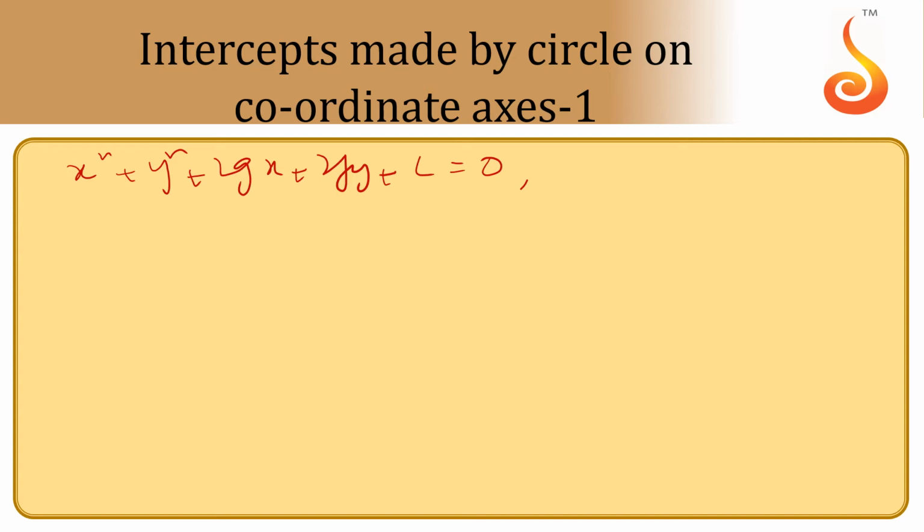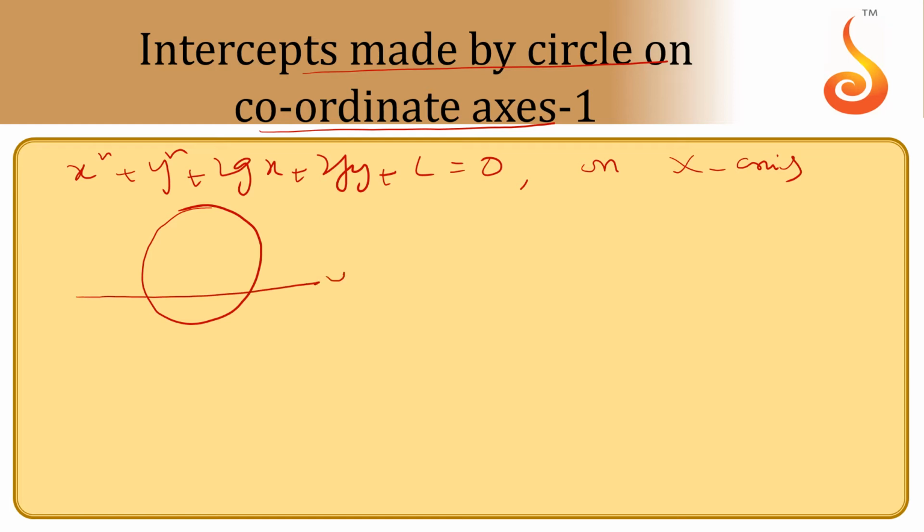Let us take first the intercept made by the circle on coordinate axis. Let us take the intercept made by the circle on the x-axis. So this is a circle, assume, and let us say this is the x-axis. You know what is its equation? y equal to 0.